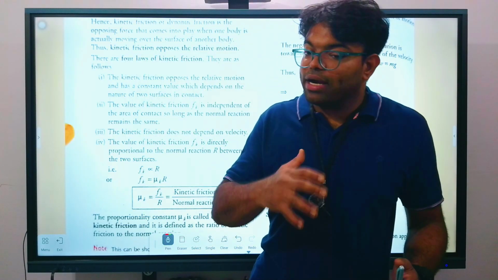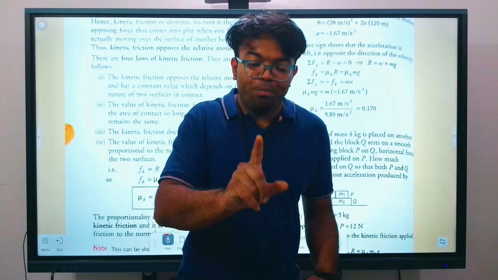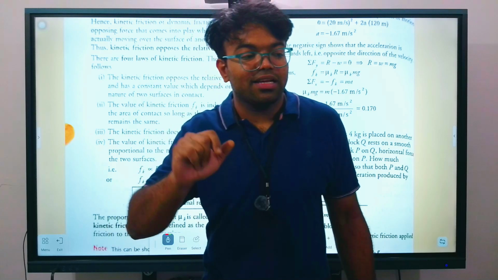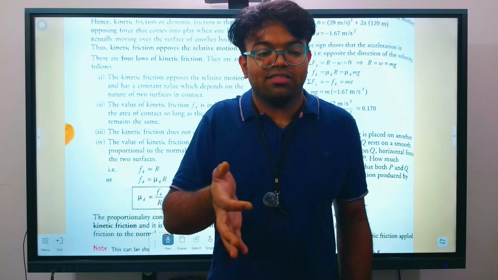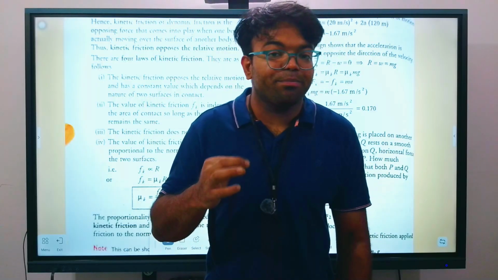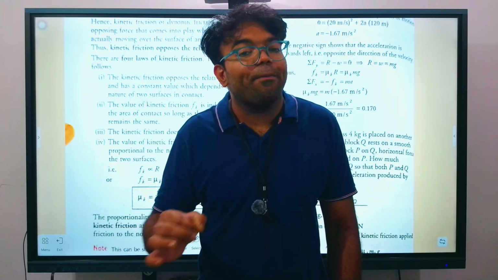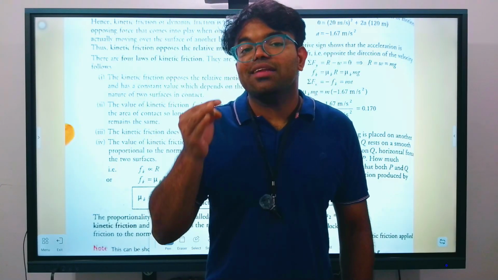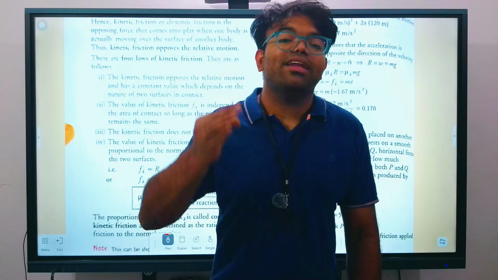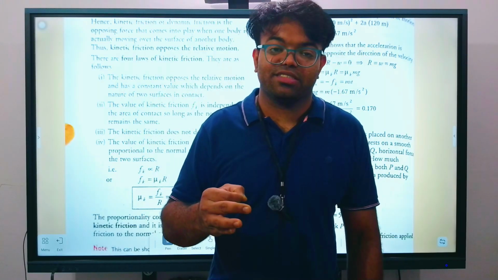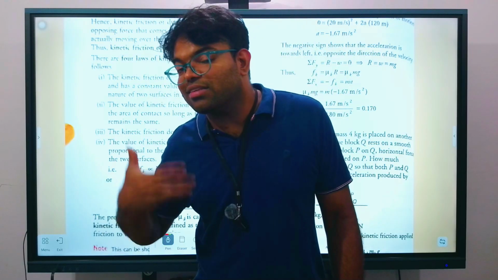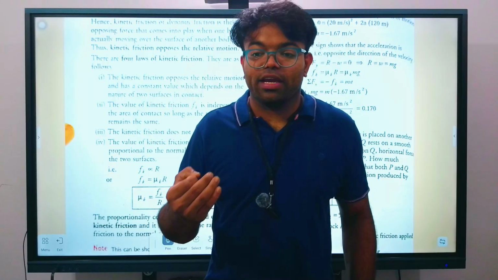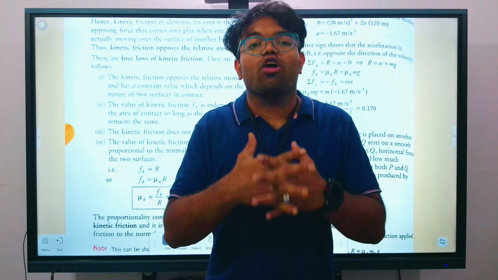But when the object actually starts to move, what happens? The two surfaces do not have enough time for the interlocking to happen properly. The interlocking requires time between the two surfaces, but when the object is in motion, the time required for proper interlocking is not provided.